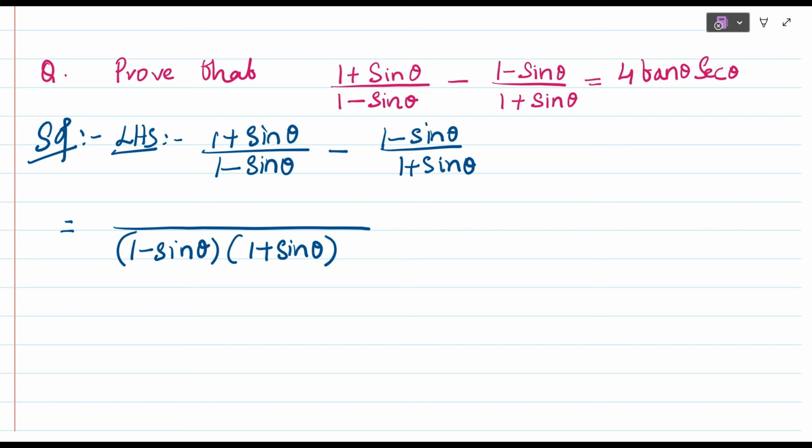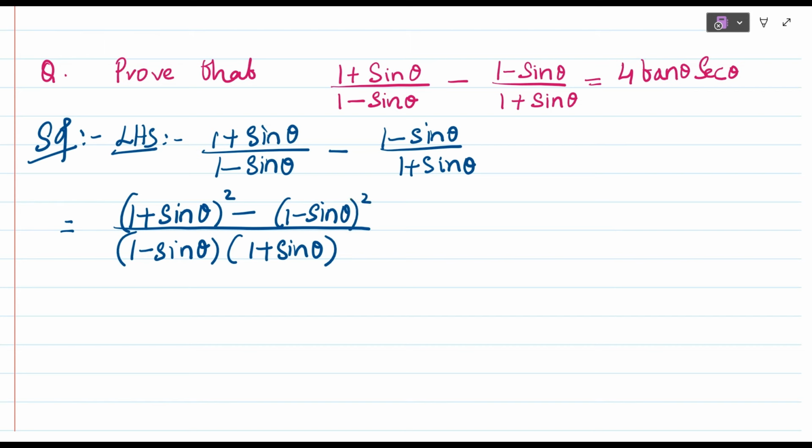so first term denominator we have 1 minus sine theta, we don't have 1 plus sine theta in the denominator of the first term. So multiply this with the numerator. So 1 plus sine theta into 1 plus sine theta gives 1 plus sine theta whole square minus, in the same way, if you apply the fraction concept here, so the second term will be 1 minus sine theta whole square.